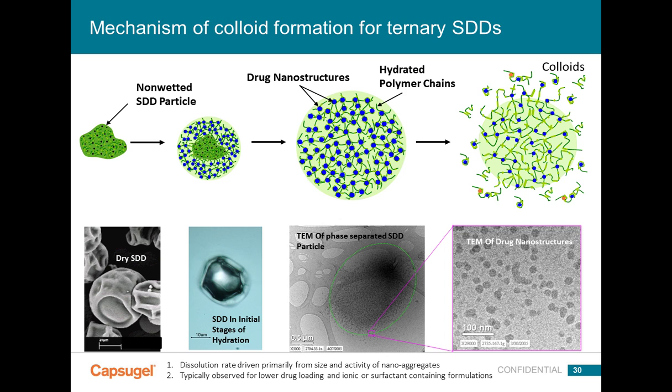So as the water enters into the SDD, the lipophilic drug has a driving force to phase separate from the more hydrophilic polymer. And the surfactant can help to stabilize the resulting phase-separated colloids at a small size.